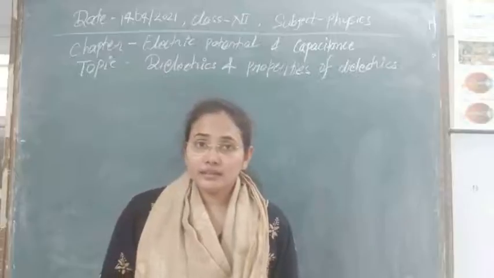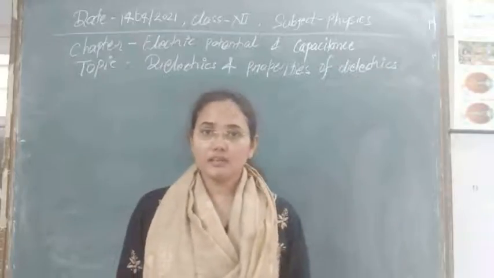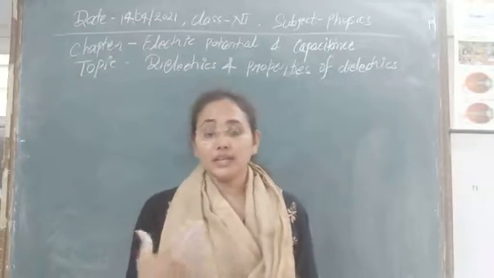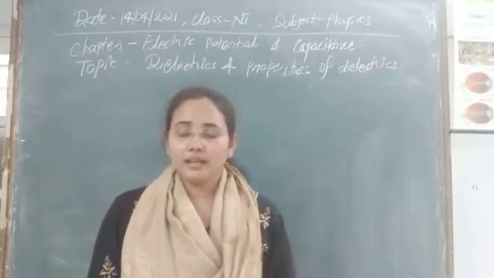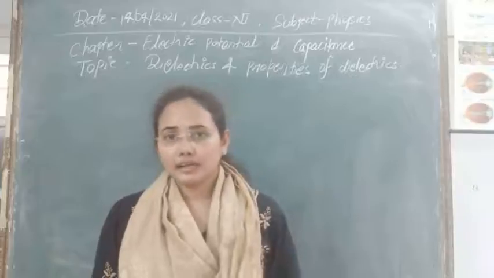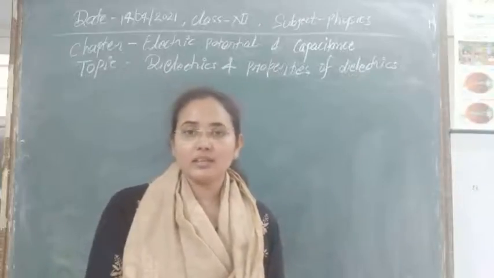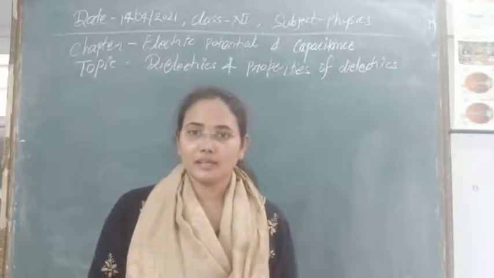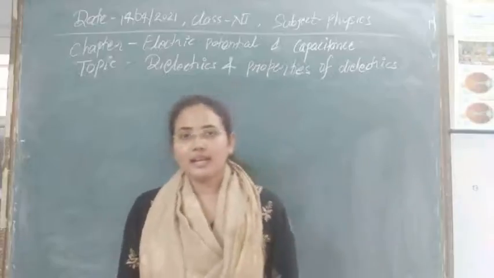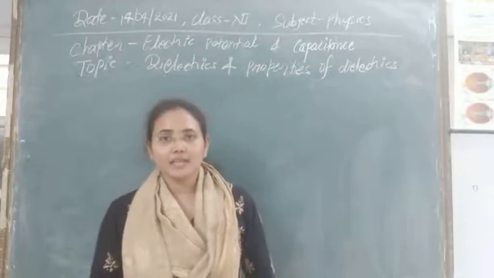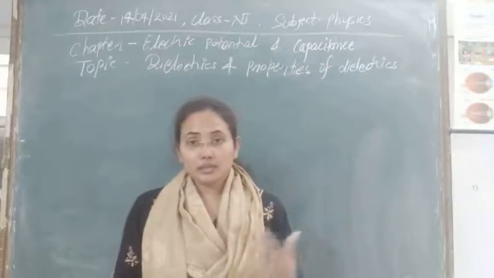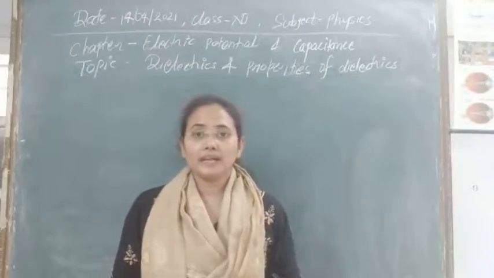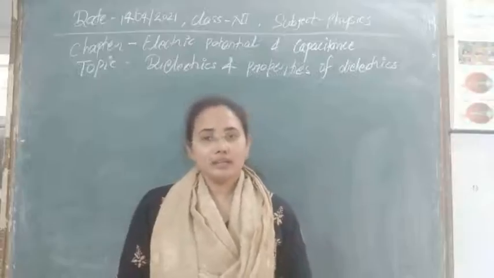If there is production of an induced electric field, and we know that it opposes the external electric field, it means it will reduce the value of the external electric field. If the external electric field is reduced, then the potential between the plates will also be reduced. So due to the reduction of potential on the plates, the capacitance will increase there.